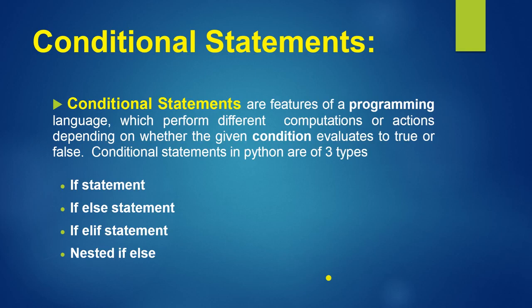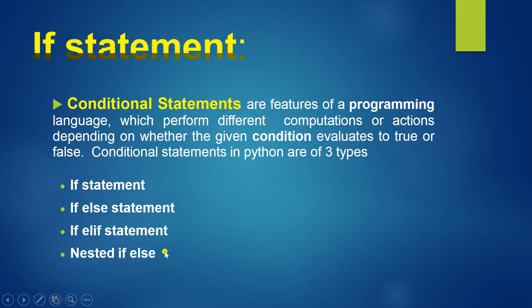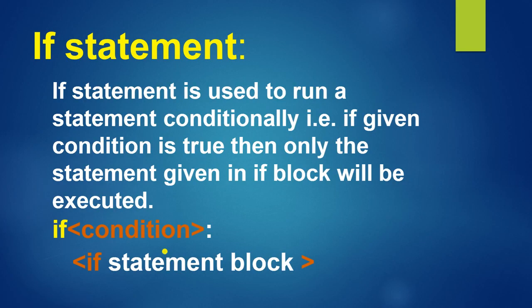Conditional statements in Python are of four types: the if statement, the if else statement, the if elif statement, and the nested if else statement. The first one is the if statement.